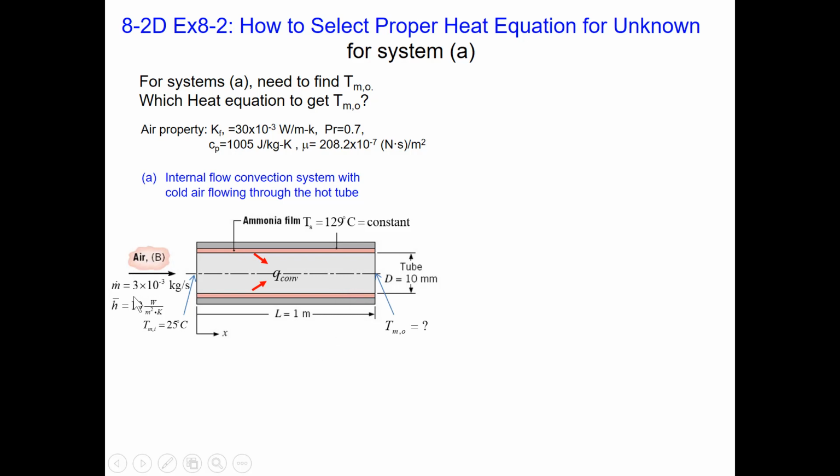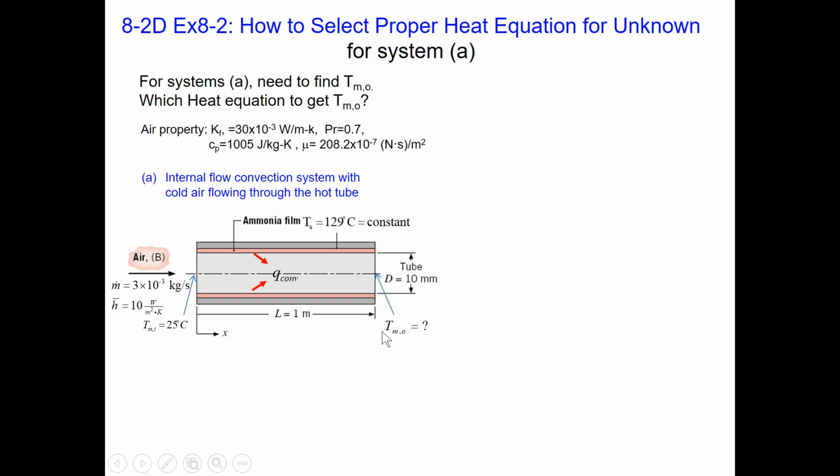What we know is the mass flow rate, the heat transfer coefficient, the flow temperature at the inlet, the tube length, the convection between the solid surface and moving fluid, constant solid surface temperature Ts, which is our thermal boundary condition, and tube diameter.